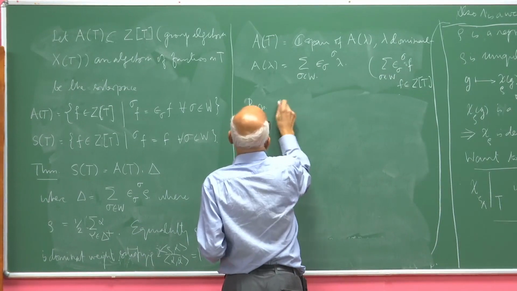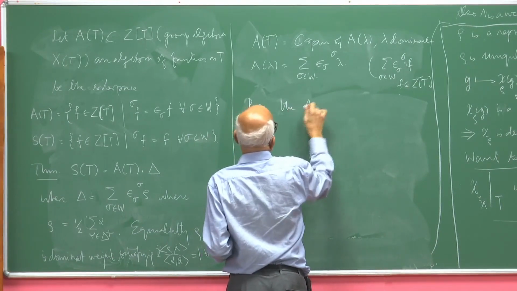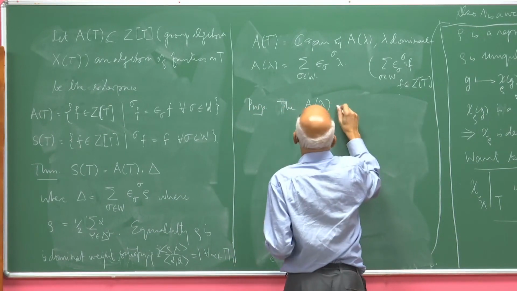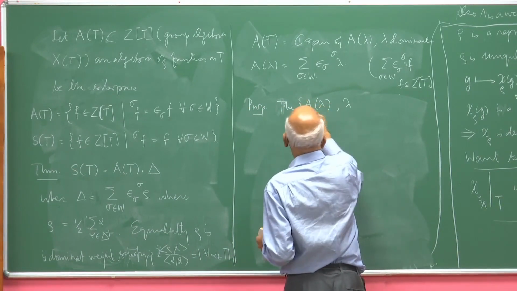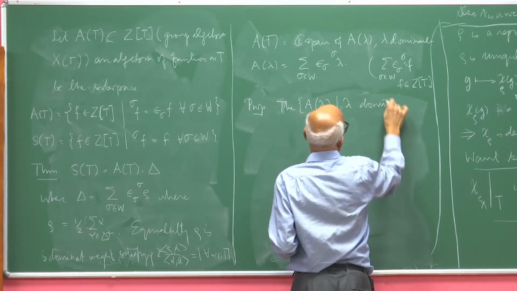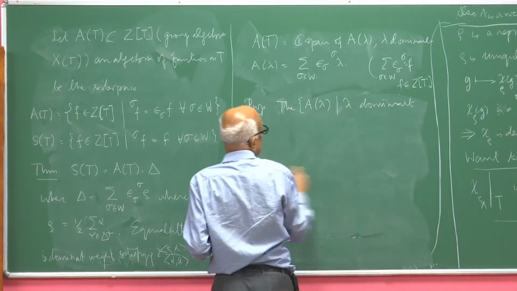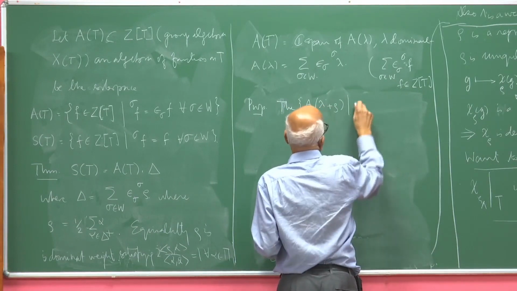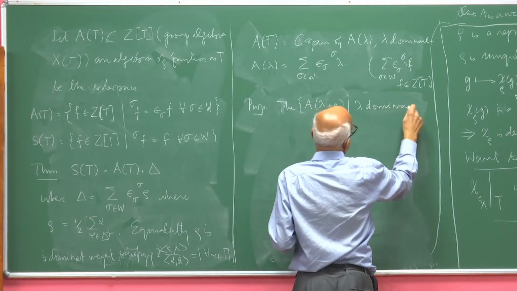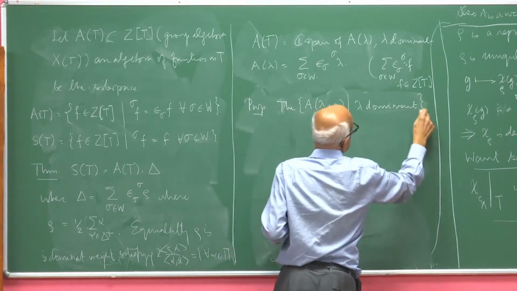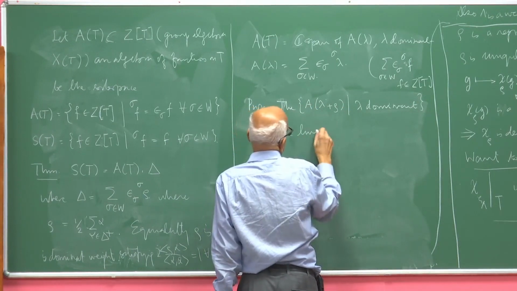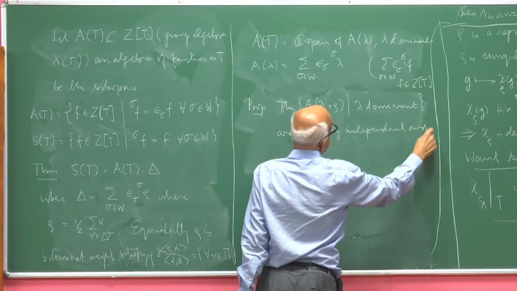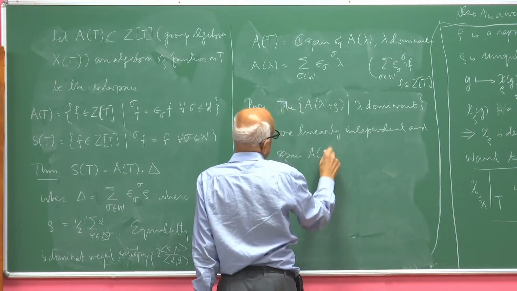Proposition: the A lambda plus rho, lambda dominant, are linearly independent and span AT.